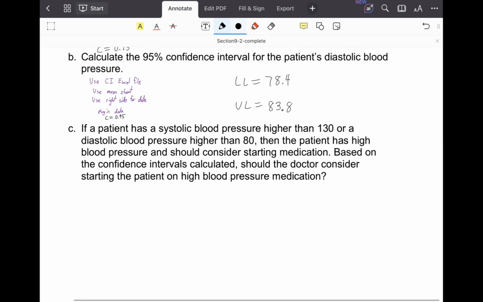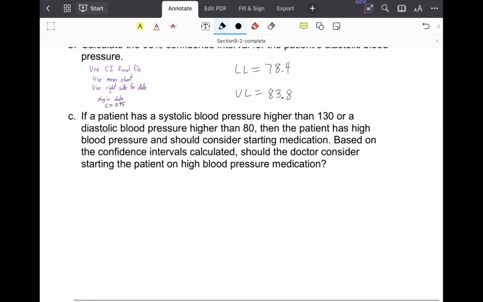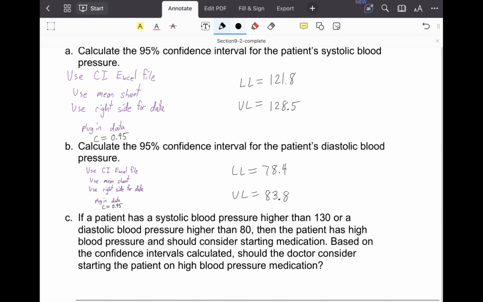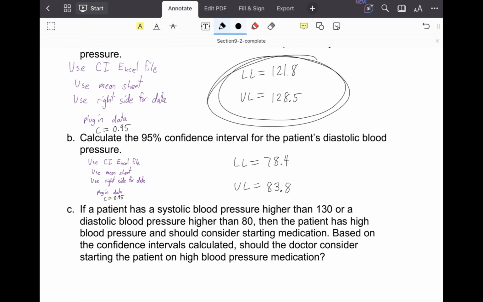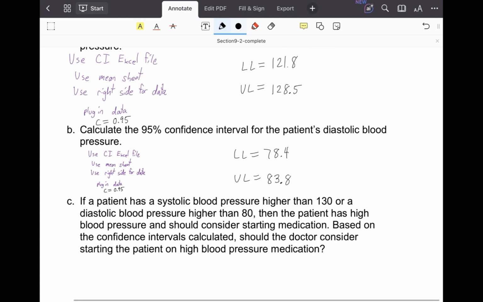And the question they're asking now: should this person consider taking medication for high blood pressure? So we look at these confidence intervals. It looks like the systolic is fine. It's all underneath 130. With that new limit of 120, this would be above 120.